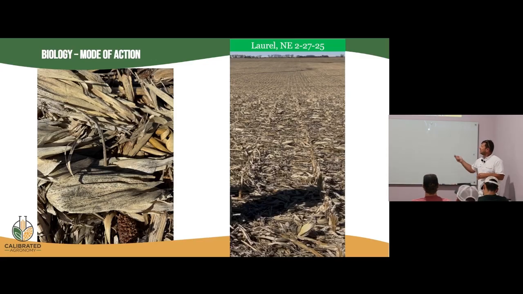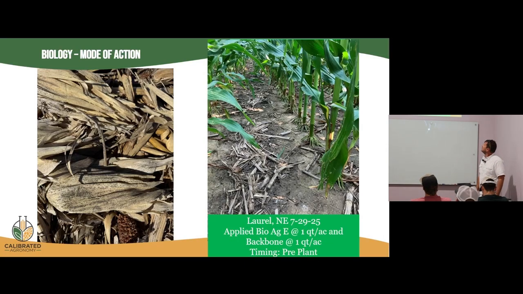So pre-season, pre-plant, I think is an excellent time to start to think about breaking disease cycles. This is Laurel. This is with Taylor Seeds, whom we work with. One of their main concerns when they first reached out: high yielding corn area, but they had 2 and 3 years' worth of residue in the field, and they were having a lot of rooting disease problems, a lot of uneven emergence, even with planter attachments and row cleaners.